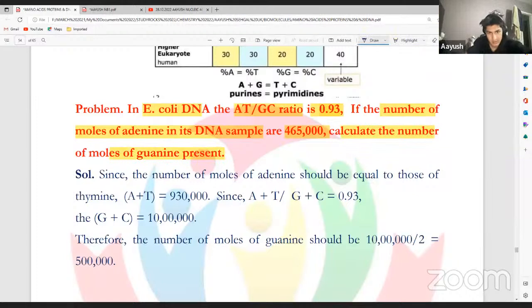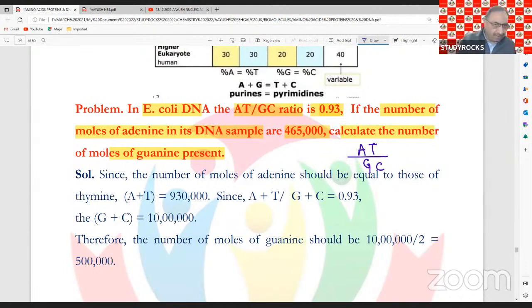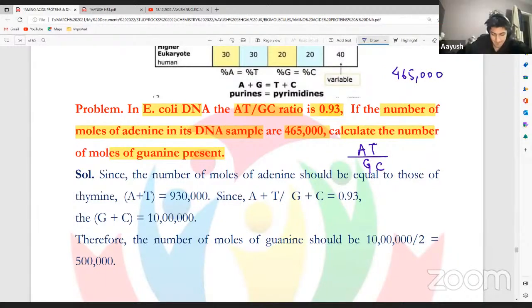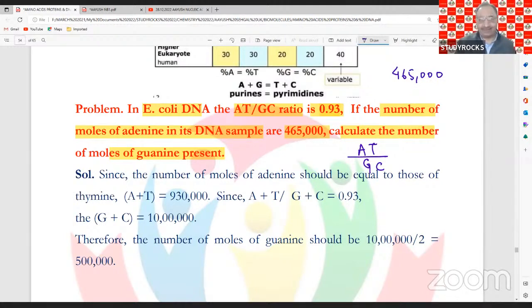It is AT by GC. If the number of moles of adenine is 465,000, then you have to calculate the number of moles of guanine, so that the ratio is 0.93.